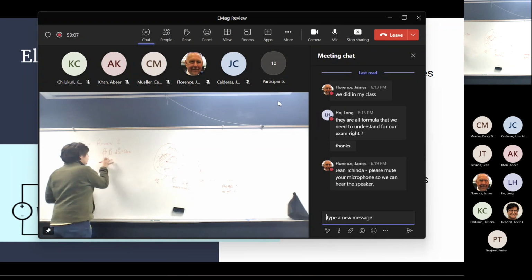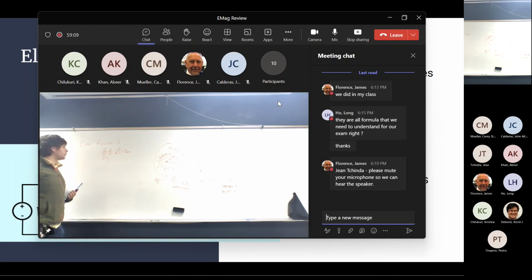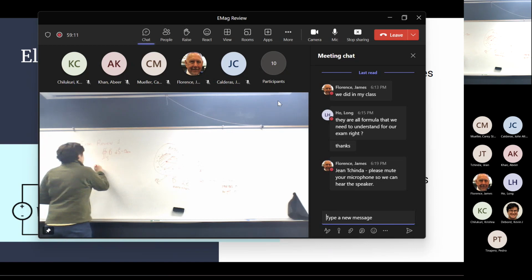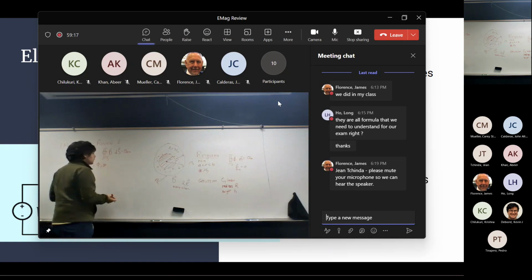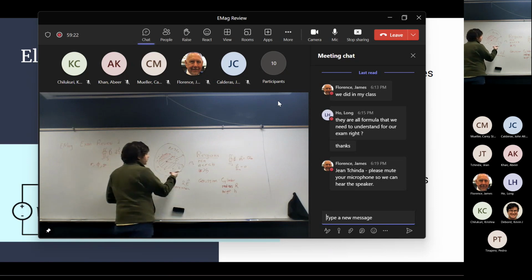All right, so you have your Gaussian cylinder. You have radius, you have your phi, and then you have your z. So we are integrating over here.